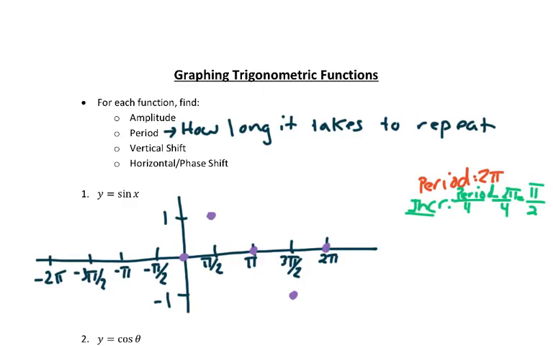And then it's just going to repeat on. So if I connect these points, this is what my sine graph or my sine wave looks like. Now if I'm going in the opposite direction here, it follows this nice pretty pattern, and it's going to repeat this pattern over and over and over. It's going to go on forever, depending on how many times we go around our unit circle.